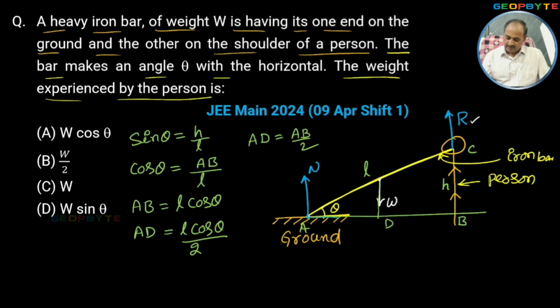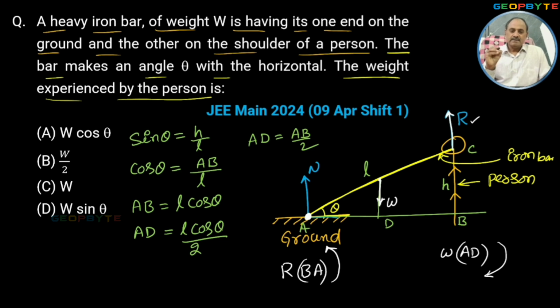Here it is developing two moments: one is the normal reaction of the person, the other is the self weight of the body. W into AD is developing the anti-clockwise moment, whereas the normal reaction into BA, force into perpendicular distance, is developing the clockwise moment with respect to A. The condition for equilibrium is that the sum of the clockwise moments must be equal to the anticlockwise moments.